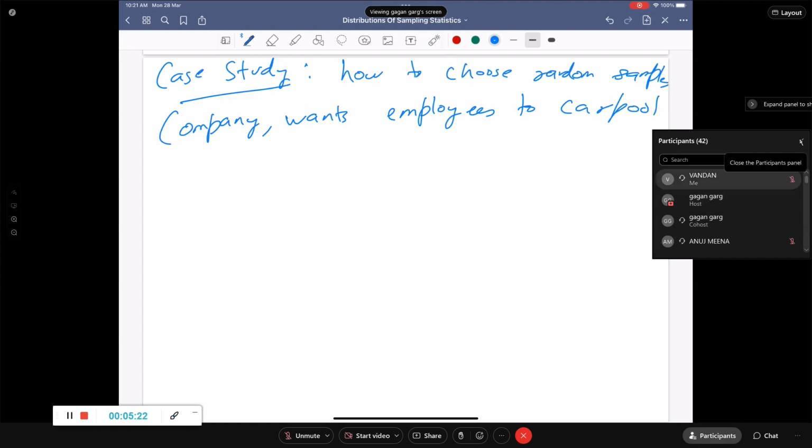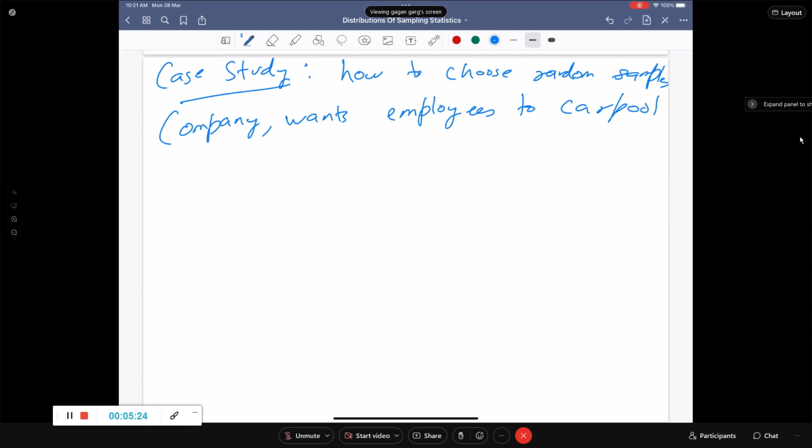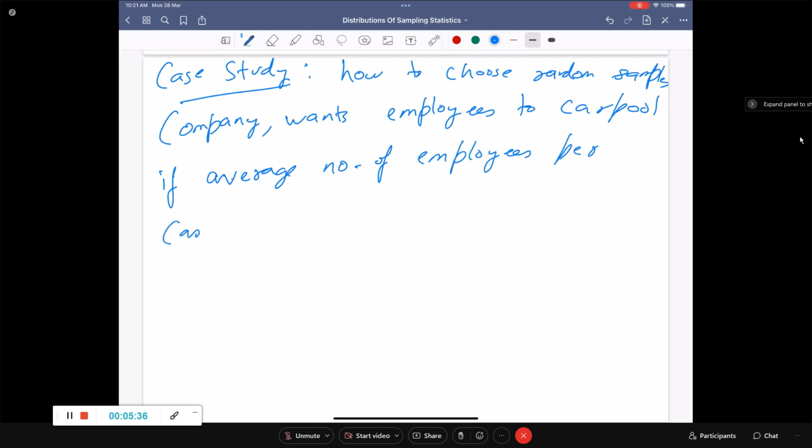So what it says is that if the average number of employees per car is less than 3, then it will take some actions. So it wants the average number to be more than 3.